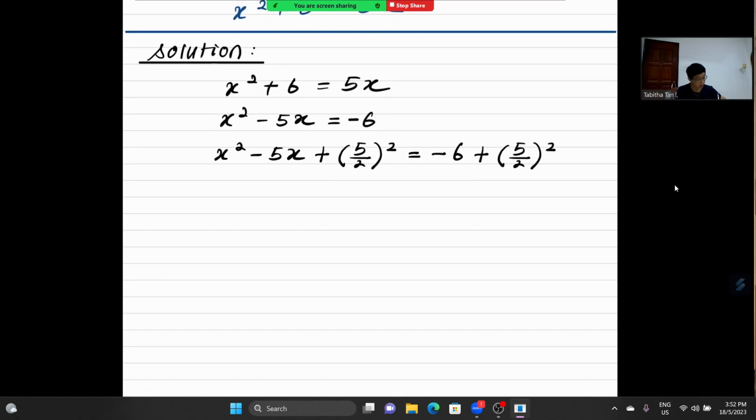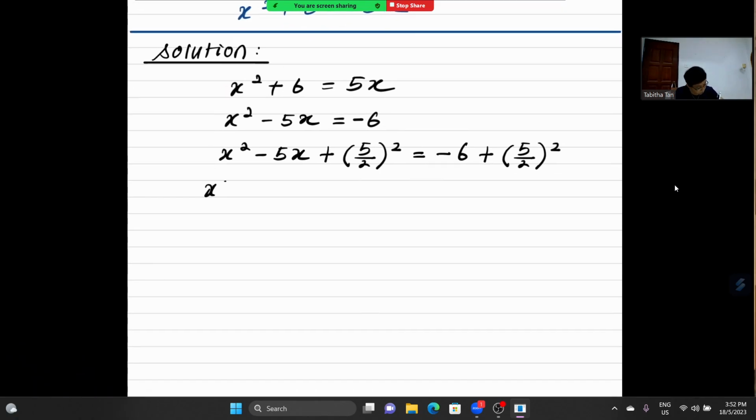Okay, now we have x squared minus 5x plus 2.5 squared, and you can put this into decimal, and negative 6 plus 2.5 squared, that you get 0.25.